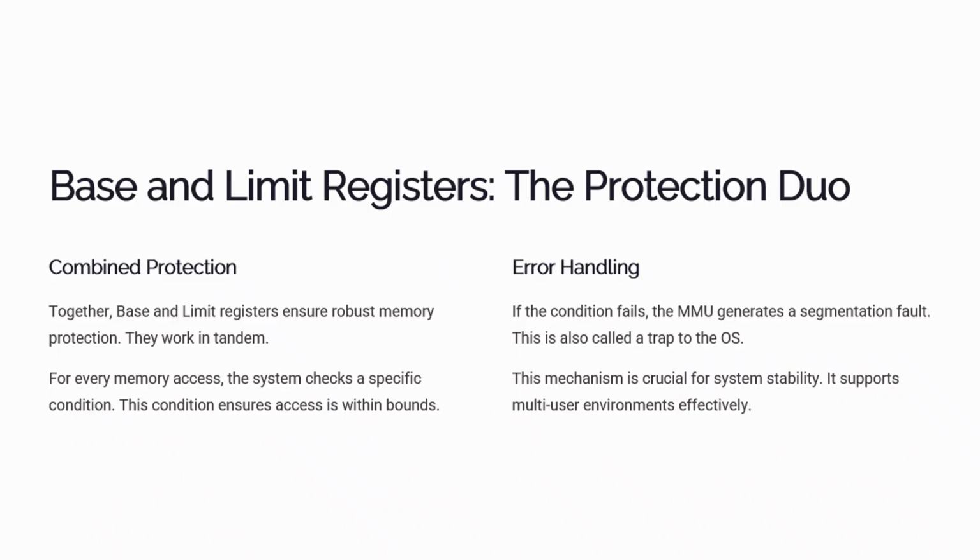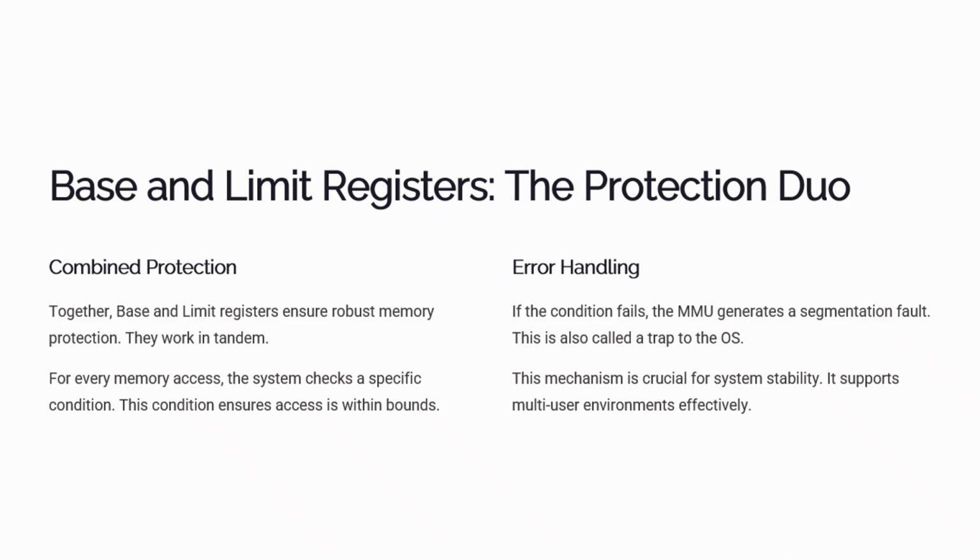Now, when used together, base and limit registers act as a powerful duo for memory protection. Every time the CPU makes a memory request, the MMU adds the base register value to the logical address, and then checks if the resulting address falls within the allowed limit. If not, it stops the program immediately.